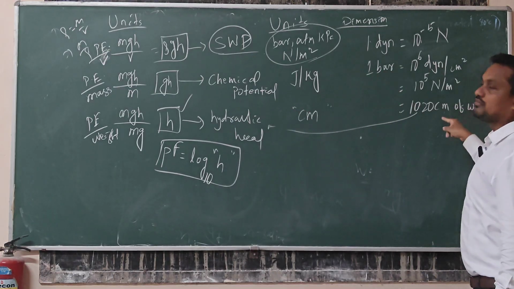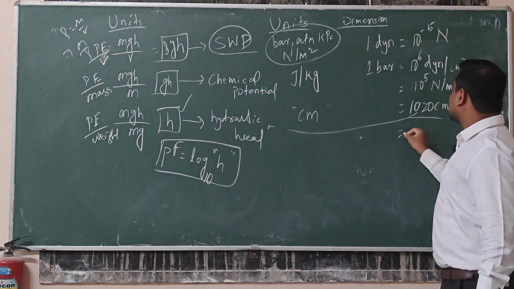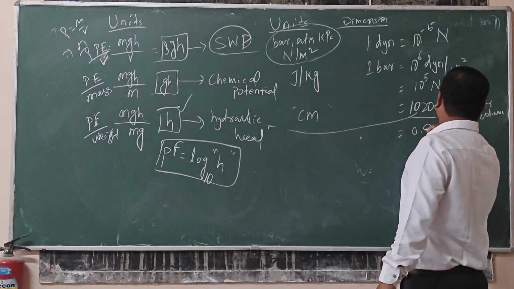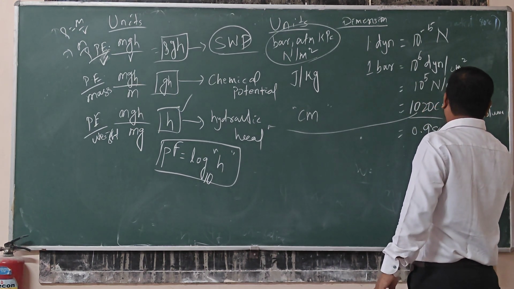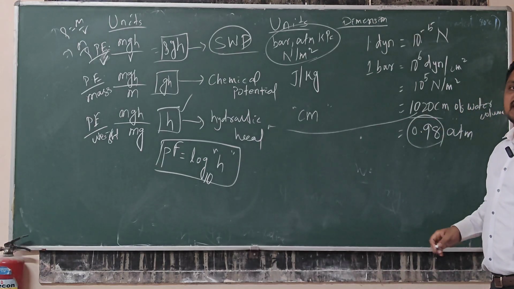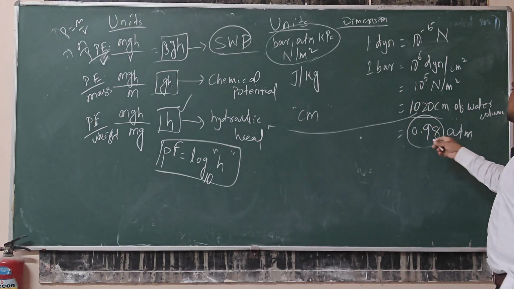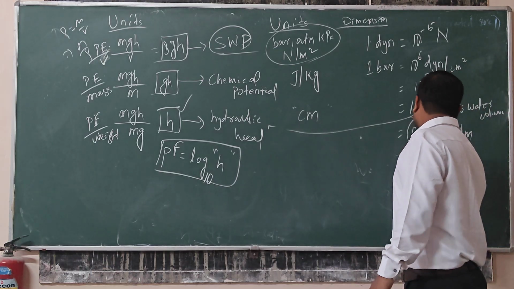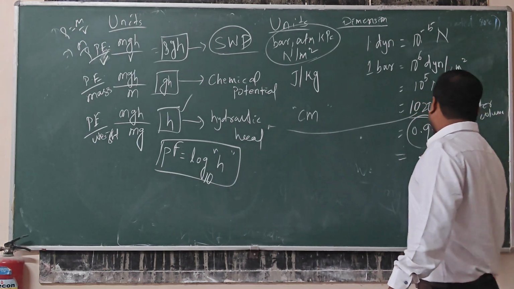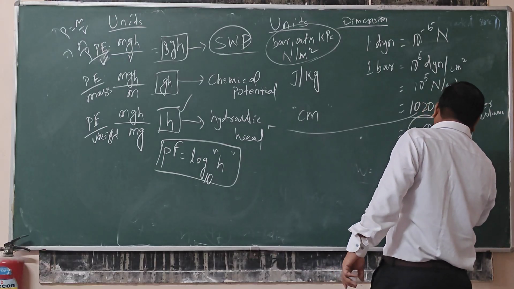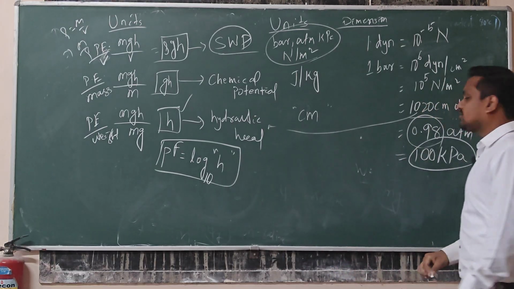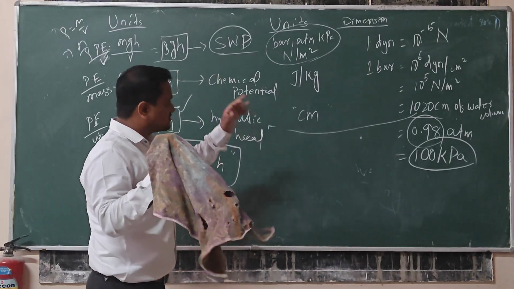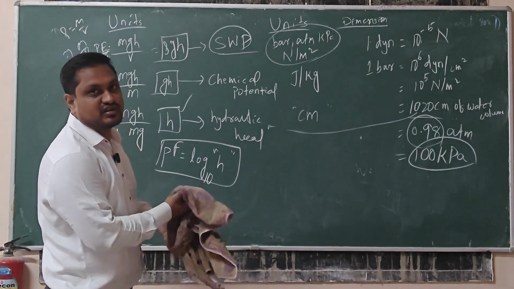In terms of atmosphere, it is 0.98 atmosphere. Normally we take 1 bar as nearly equal to 1 atmosphere during expression. And 1 bar is 100 kilopascal. When we calculate some problems, we will use these conversion factors most of the time.